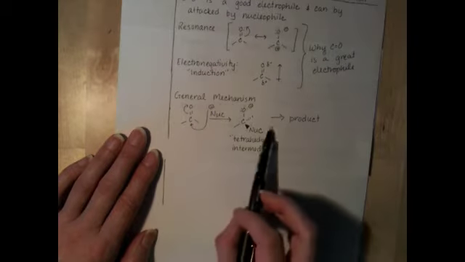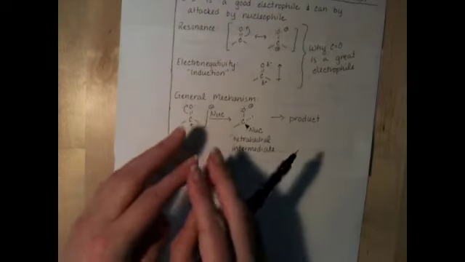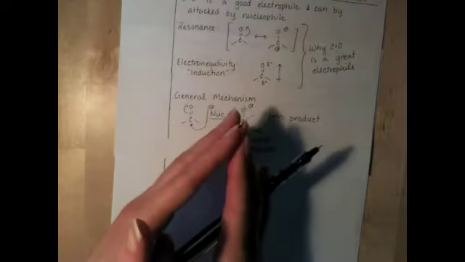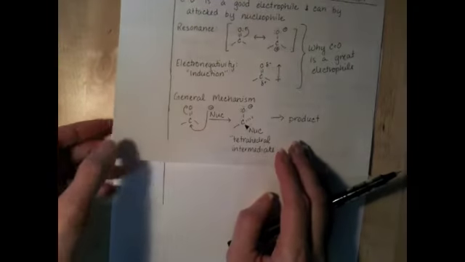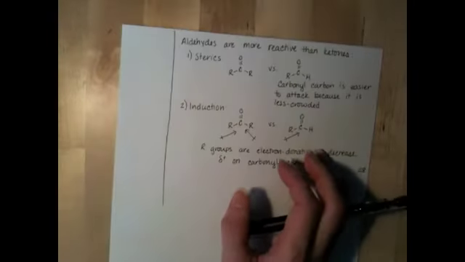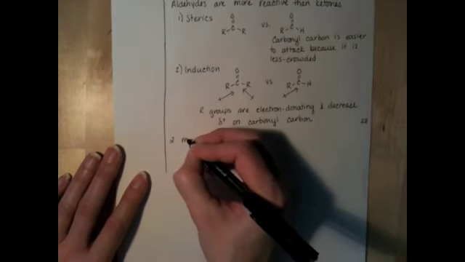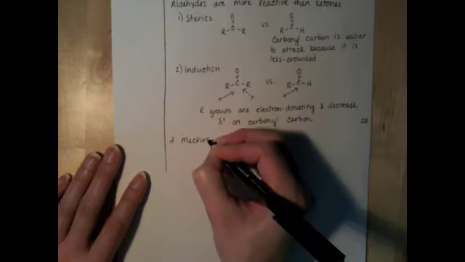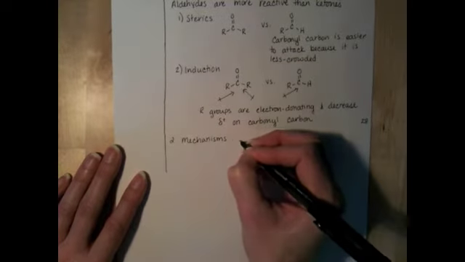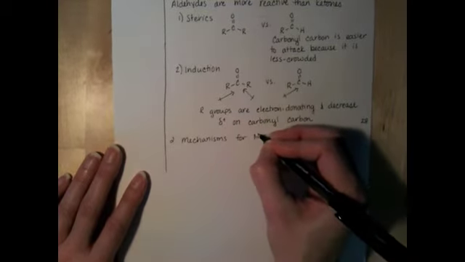We can take this general mechanism, still keep it really general, but break it down into two possible pathways. There are, overall, two mechanisms for nucleophilic addition.